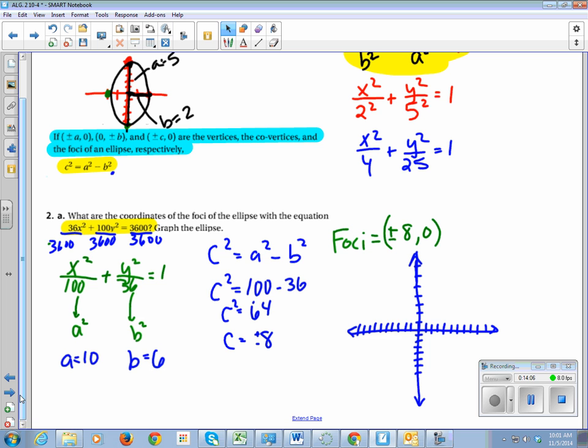Okay, so I'm going to put the coordinates of my vertices out here at 10 and out here at -10. I'm going to put it up here at 6 and -6. And then we're going to draw a nice, smooth, elliptical shape.